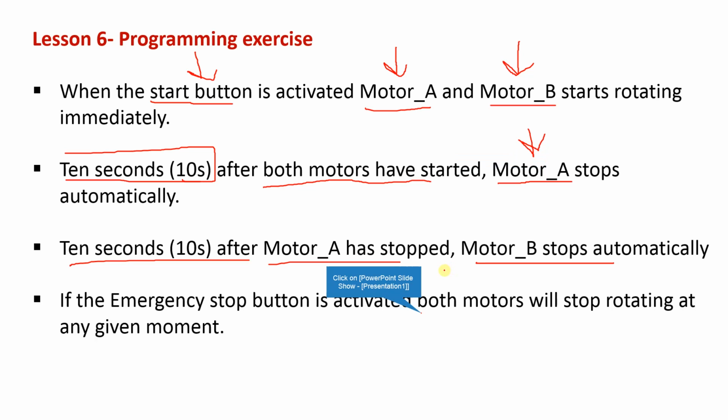If the emergency stop push button is activated, both motors will stop rotating at any given moment. So this is the situation. I want us to open the software and start programming in OB1.